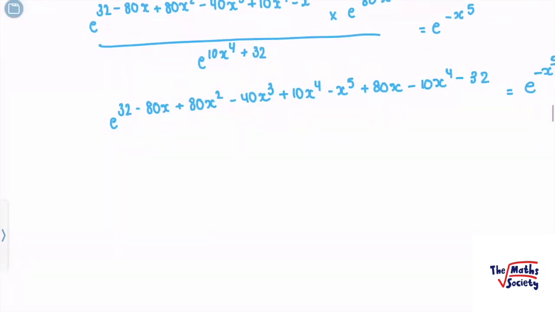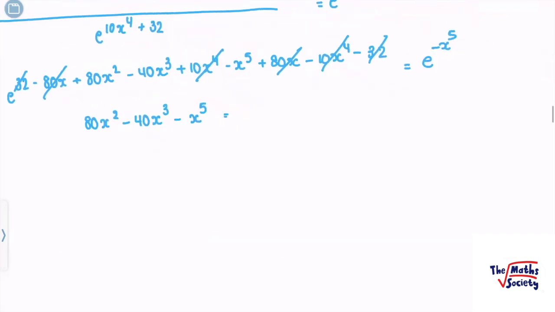So then we have 32 minus 80 plus 80, and then plus 10x power 4 minus 10x power 4. So we have 80x squared minus 40x cubed minus x power 5, and that is going to equal minus x power 5 as well.